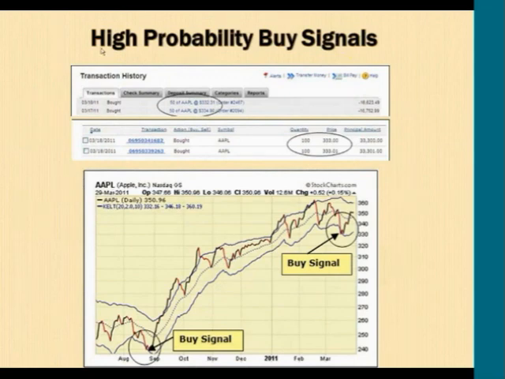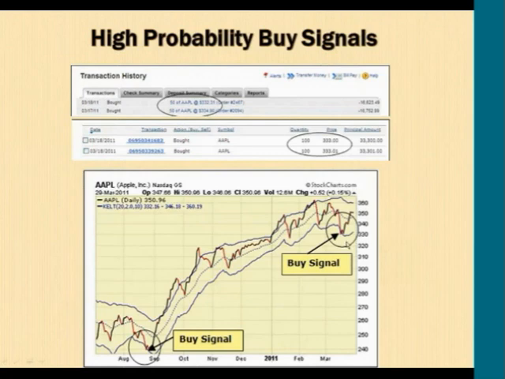They don't occur that often, but when they do, there's usually a very powerful rally after one of these high probability trade signals. And these high probability trade signals occur when the stock is in a price uptrend according to the 50 and 100-day EMA, but it becomes temporarily oversold.